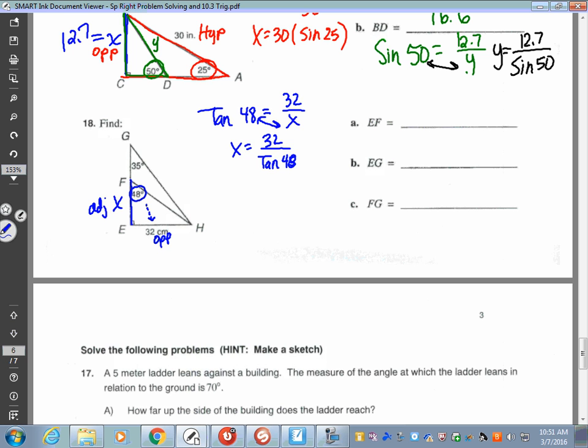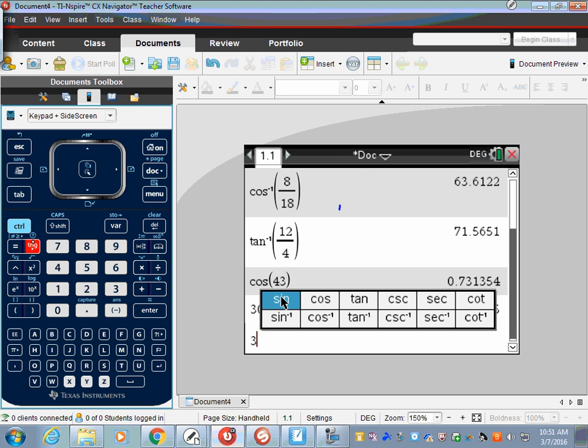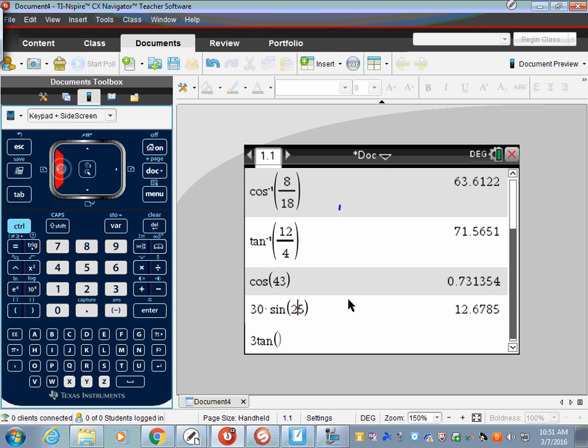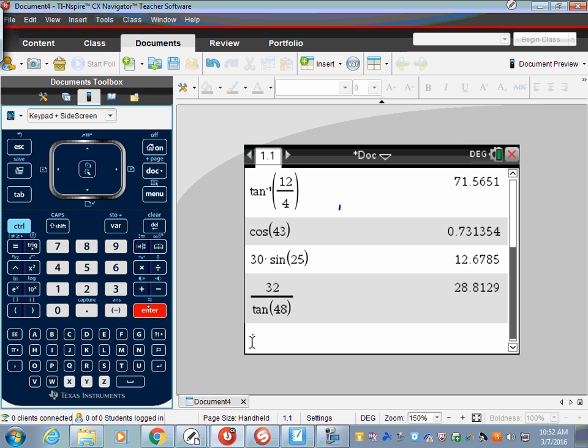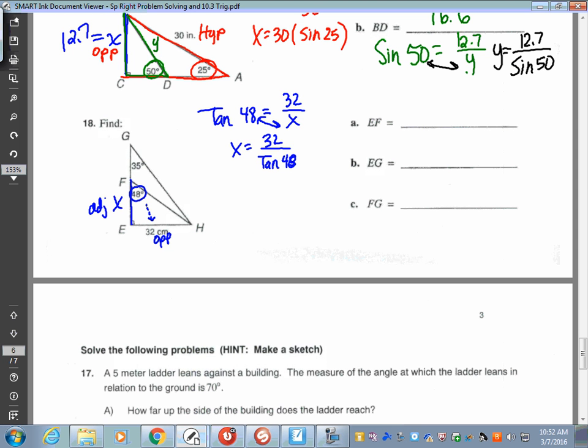Type in 32 divided by the tangent of 48. All right, 28.8, yes. So we got 28.8.